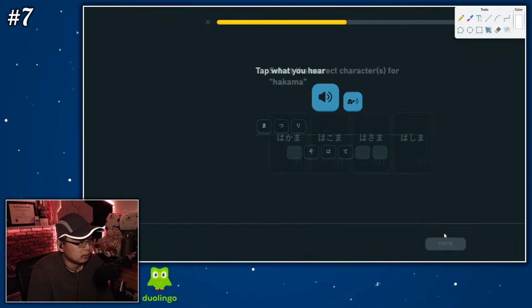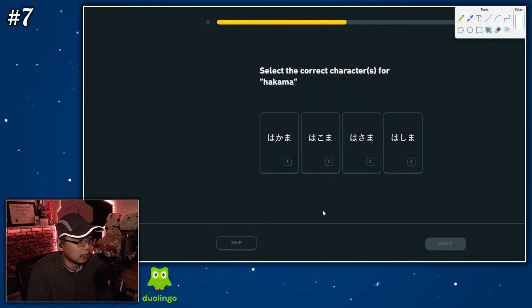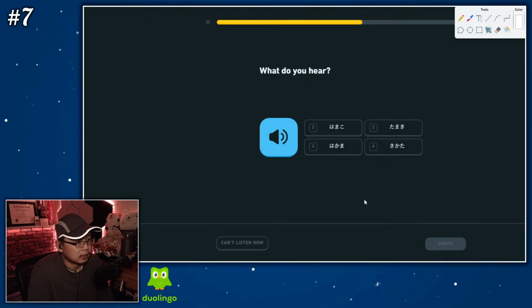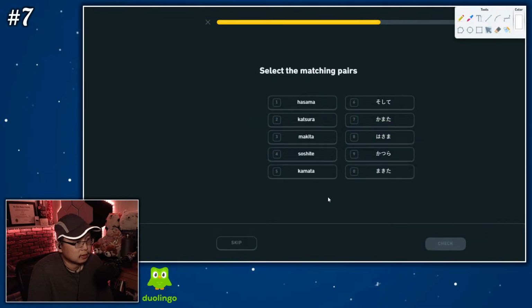Matsuri. Hakama. 袴. Amaki. 玉木. Oshide. Oh, no, soshite. Whoops. Soshite.